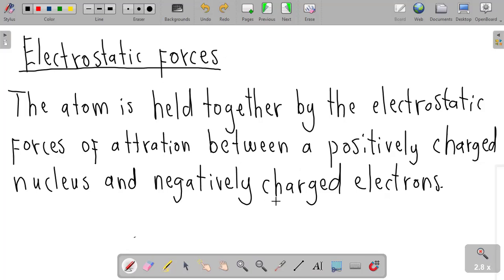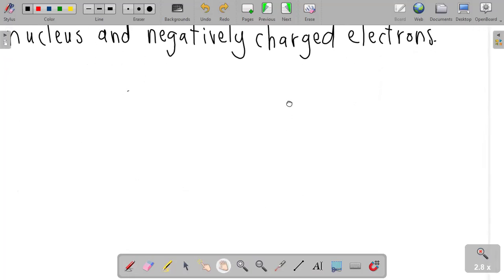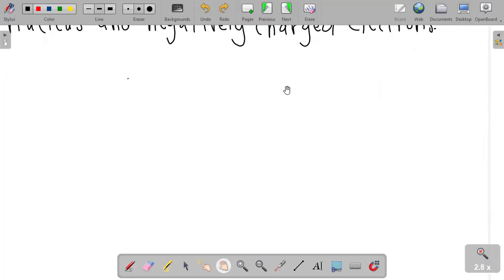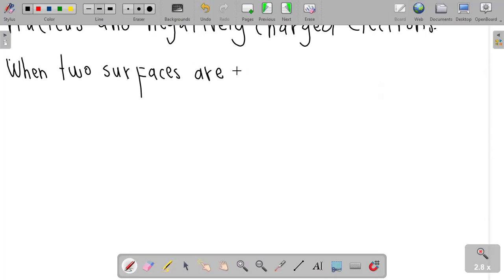Then another important point: what causes objects to become charged?